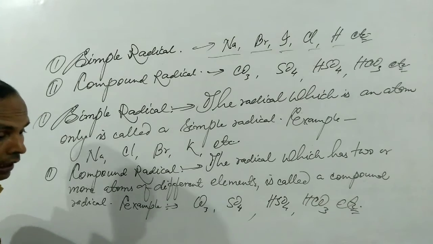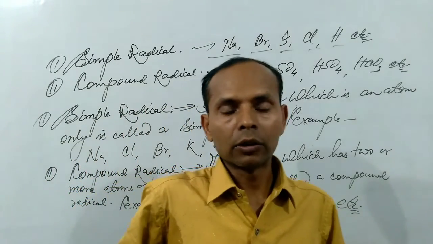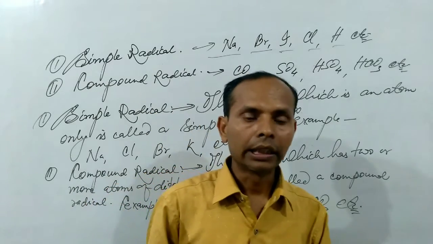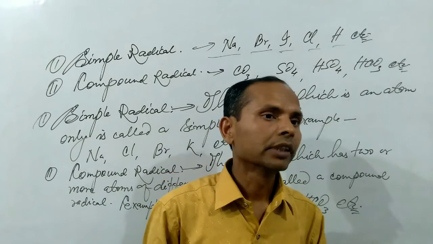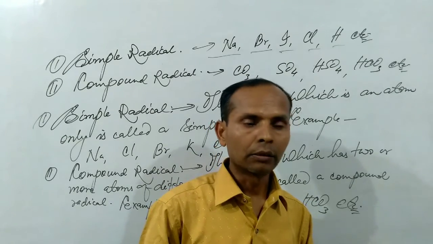These radicals, either acidic radical or basic radical, are classified on the basis of the number of elements or atoms of different elements present. These are classified into two parts, simple radical and compound radical.